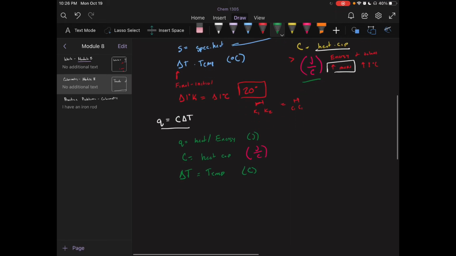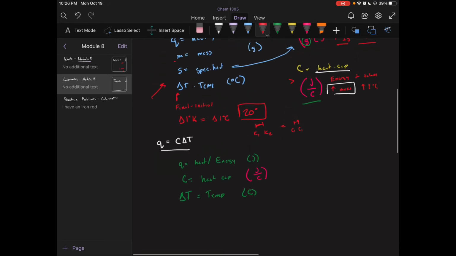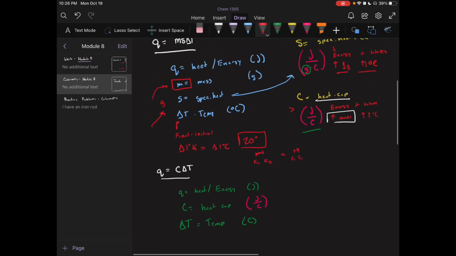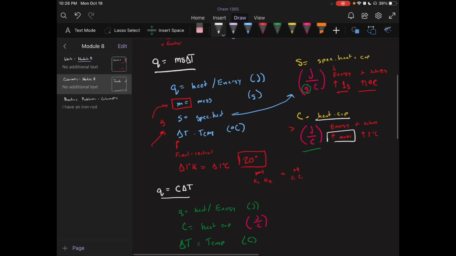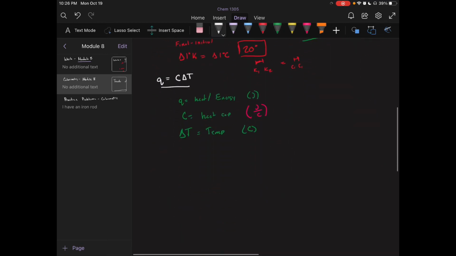So if you notice, because on the top, right, because we have the specific heat capacity, we have to multiply it by the mass, right? Because we know how much each gram of the substance changes, but we don't know how many grams we have. And that's why this is incorporated within this. Let's just expand this real quick.